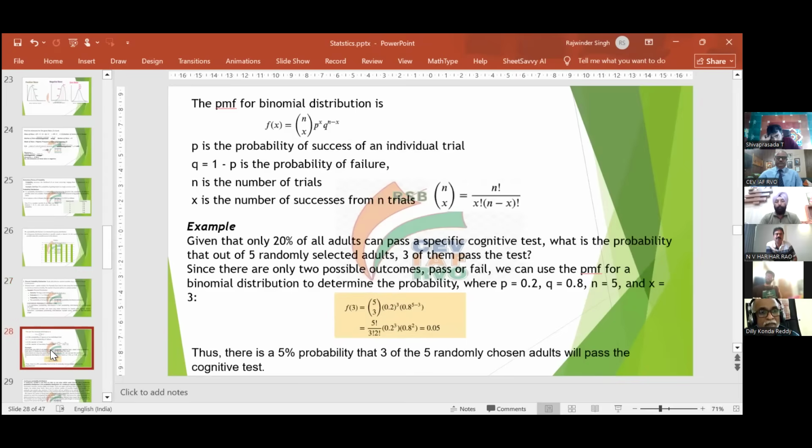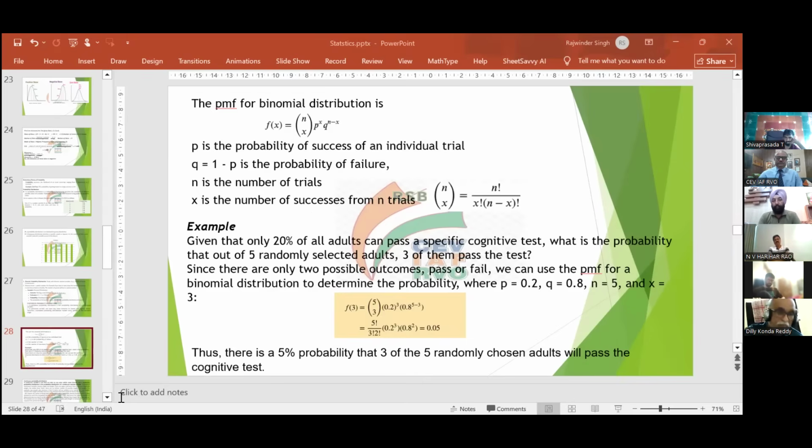So it is stated by the equation f(x) = nCx p^x q^(n-x), where p is the probability of success of an individual trial, q = 1 - p is the probability of failure, n is the number of trials, and x is the number of successes from n trials.